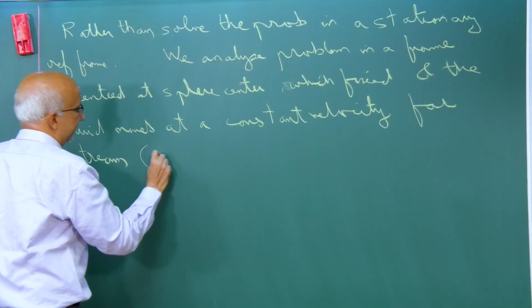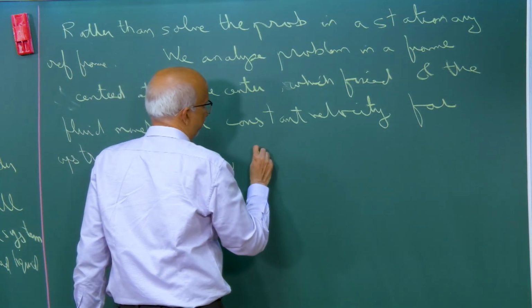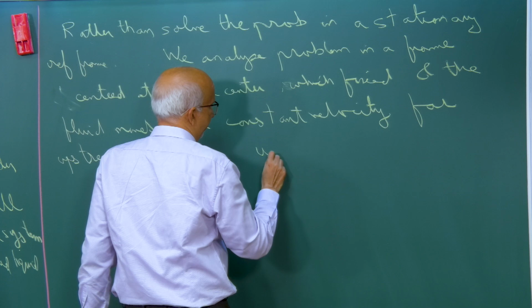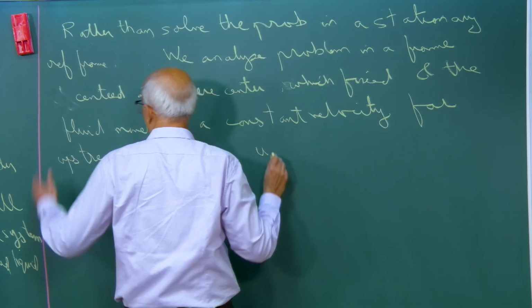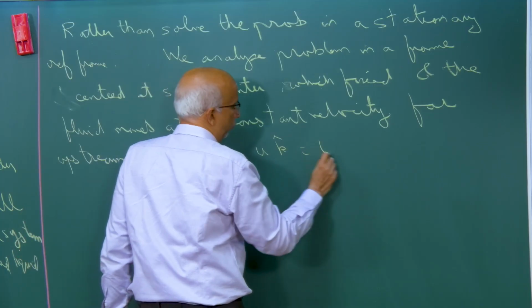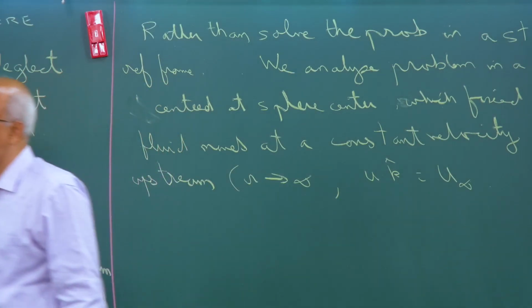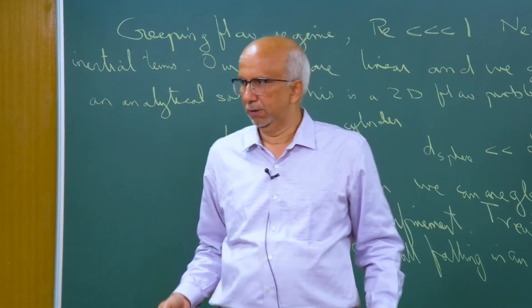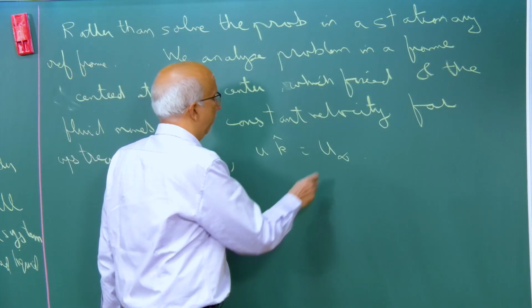That is, as r tends to infinity, we have u in the flow direction, u in the k direction, equal to u infinity. So, what I am saying is, far away the liquid is moving at this velocity. That is the problem.